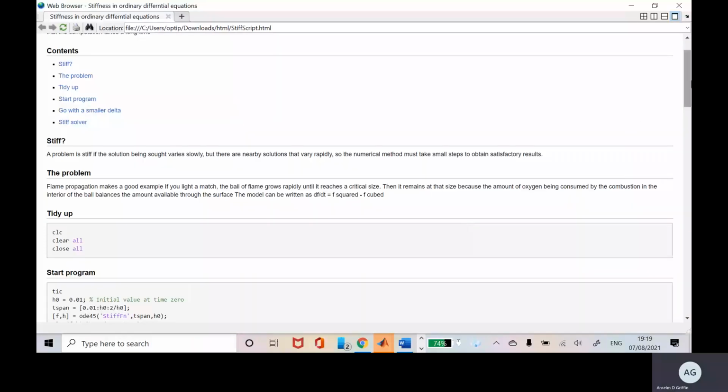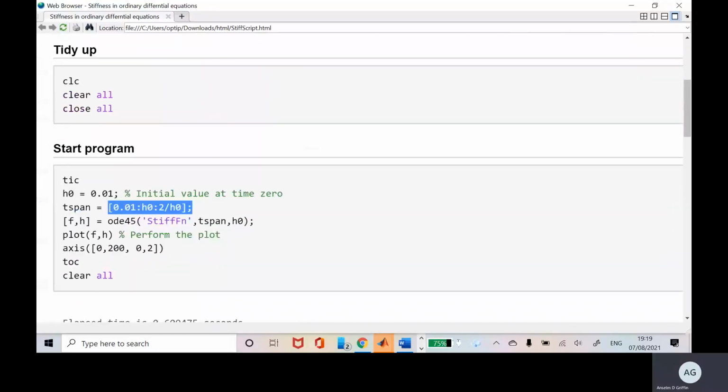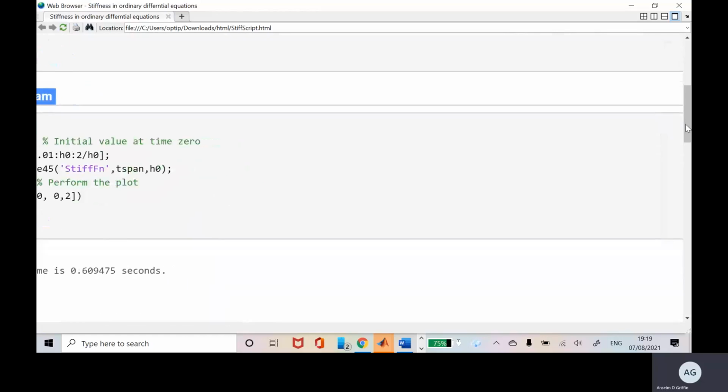Let's look at my method. First one I did a relatively big increment, 0.01. My time span is, let me expand there a little bit, in steps of h0, in steps of 0.01 to 2 over h0. So that would be 2 over 0.01, so that would be 200.